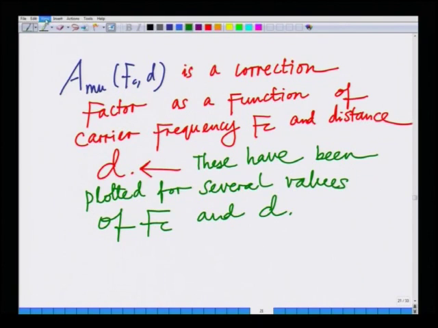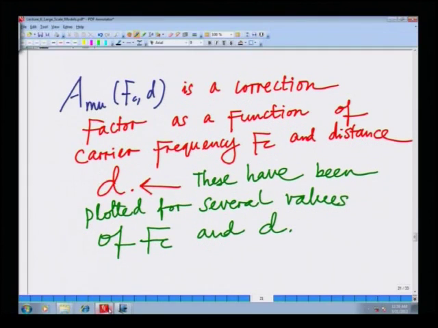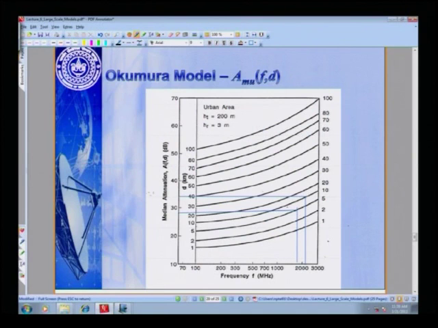For instance, let me go to that plot and show you how that plot looks like. If you look at this, I have the Okumura model, the A mu factor as a function of frequency and distance. You can see on this axis there is one curve for each distance, 1 kilometer, 2 kilometer, 5 kilometer, up to 100 kilometers.